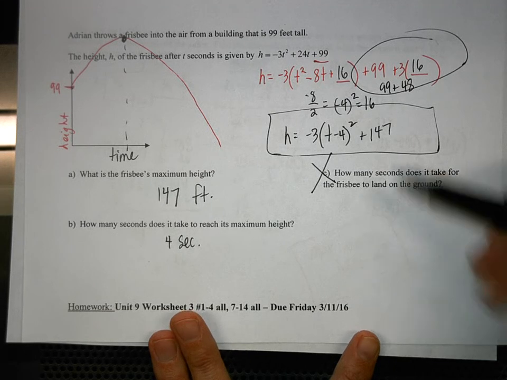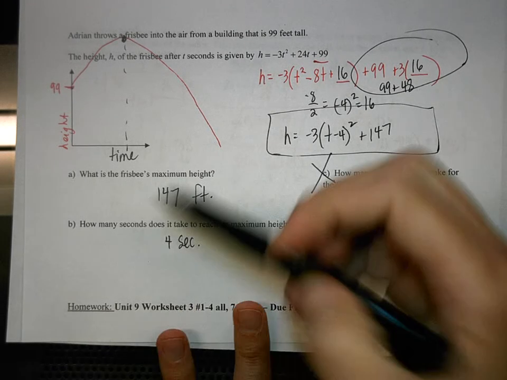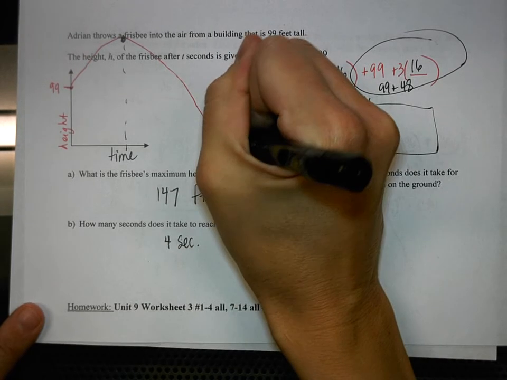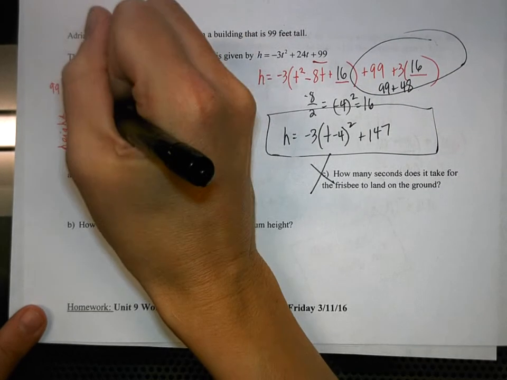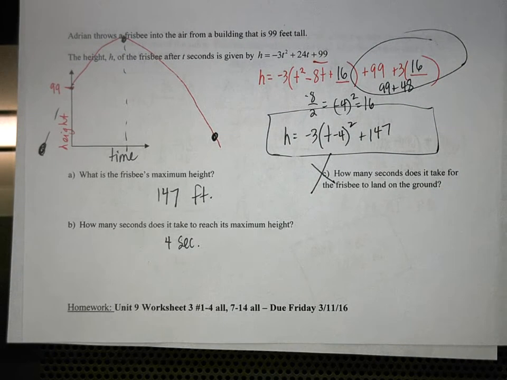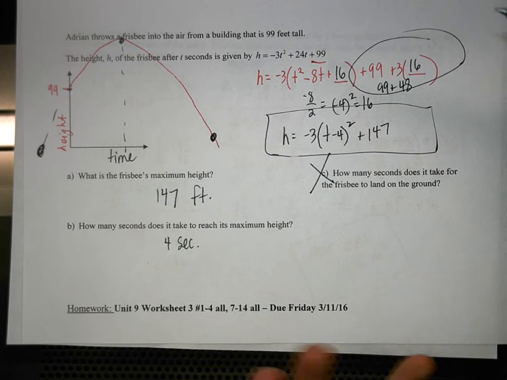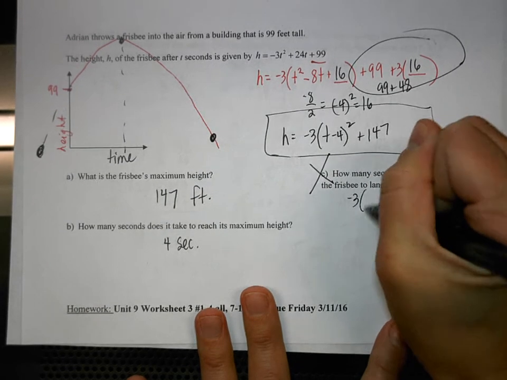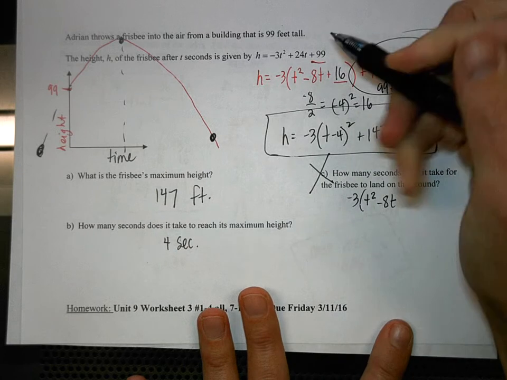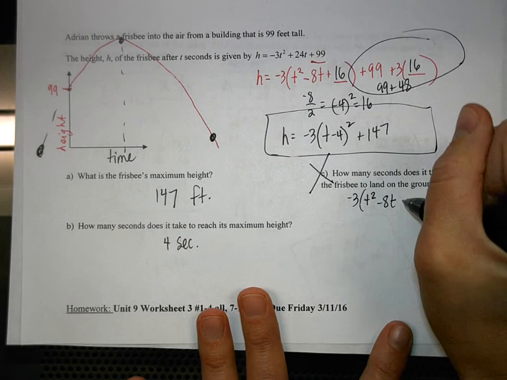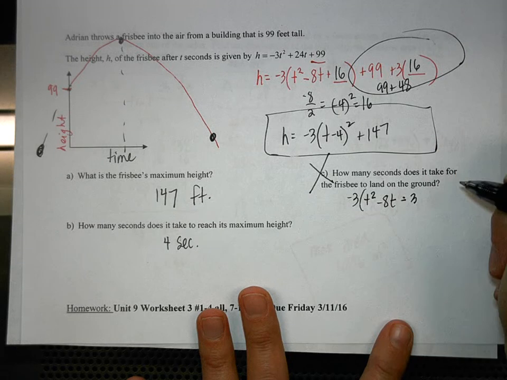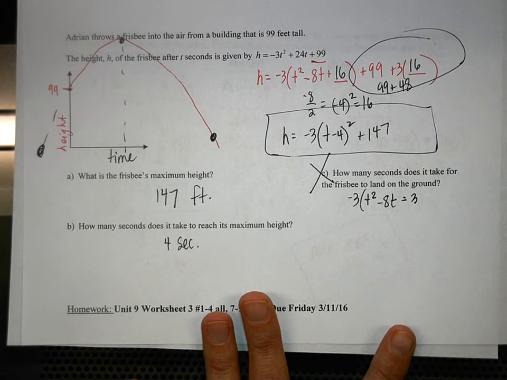So in order to find where it hits the ground, you know a parabola, you're going to have 2 points. The point where it hits the ground is when your height equals 0. So there's basically going to be a negative value and then a positive value. You find that by factoring that original equation. So I'd have -3 times (t squared minus 8t), and then when I divide 99 by -3, I get minus 33.